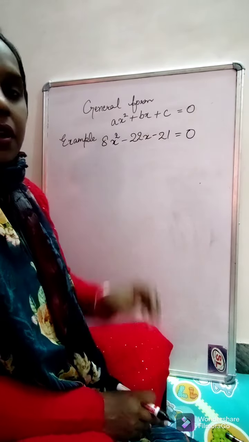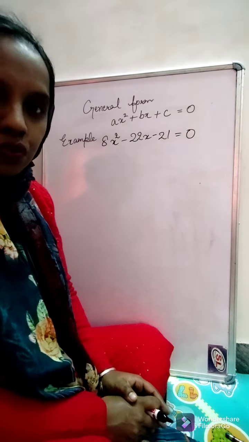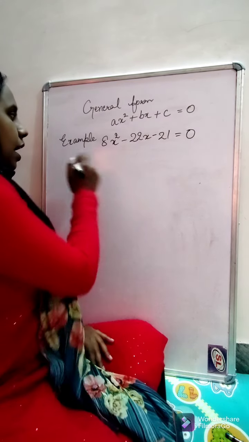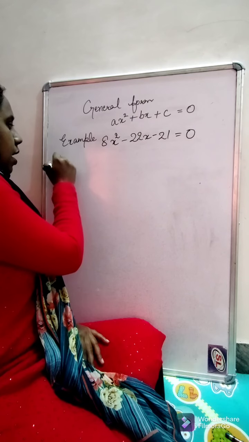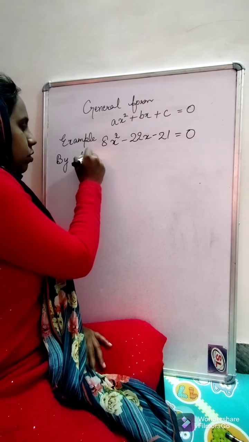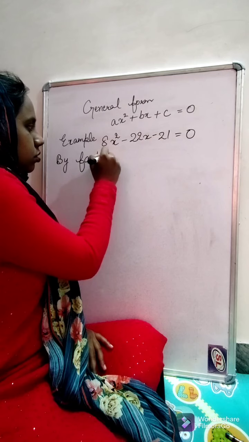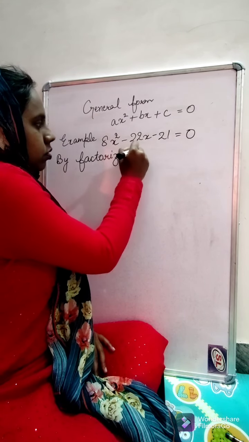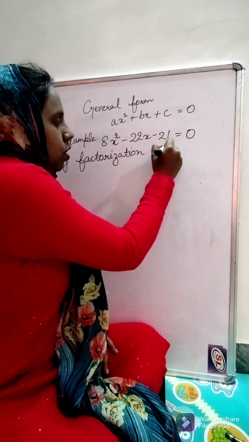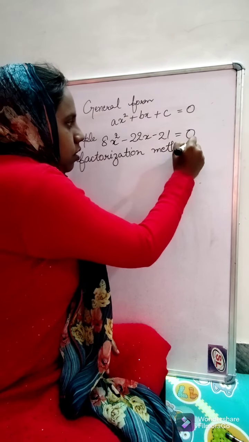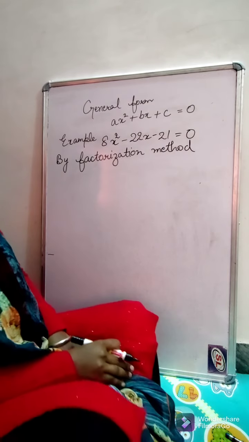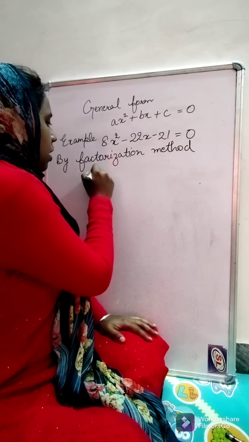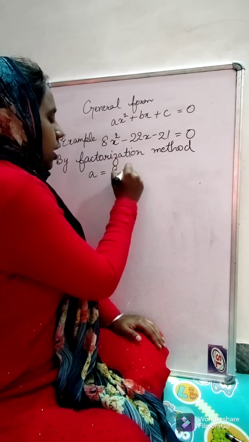Let us take this example, 8x square minus 22x minus 21 is equal to 0, and solve it by factorization method.